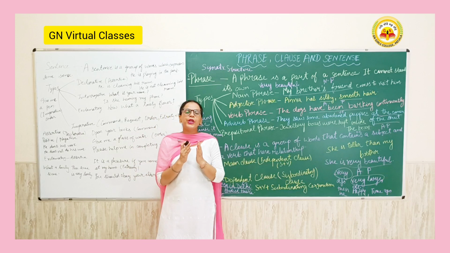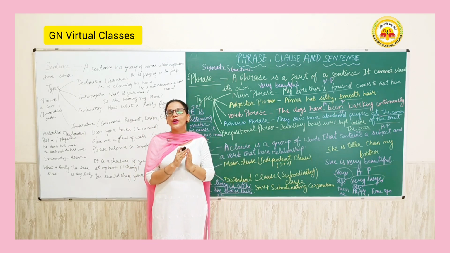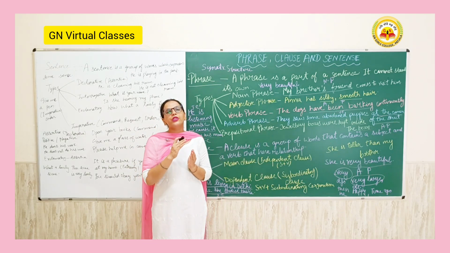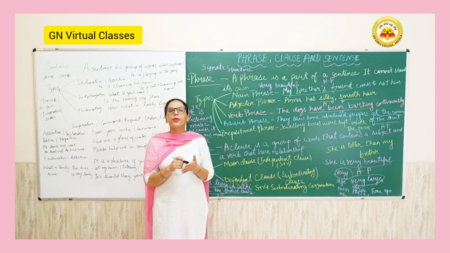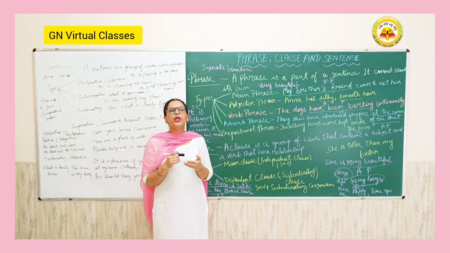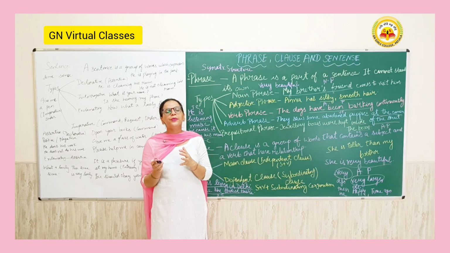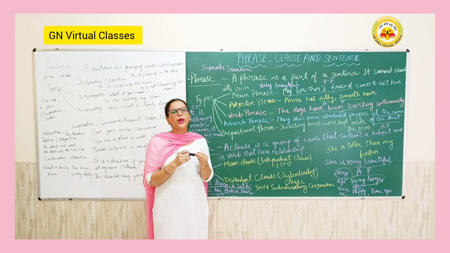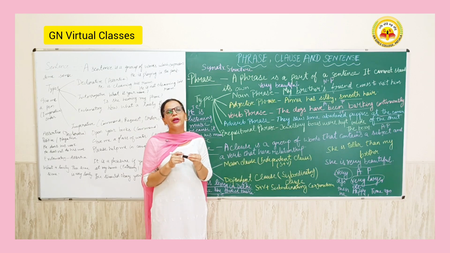A phrase is a combination of words which is a part of a sentence and it cannot stand on its own. There are five types of phrases: noun phrase, adjective phrase, verb phrase, adverb phrase and preposition phrase. Then comes a clause. A clause is also part of a sentence and it is divided into two parts: independent clause or dependent clause.